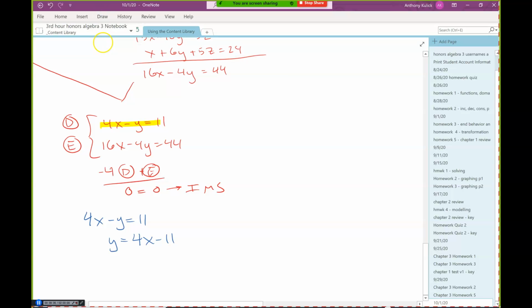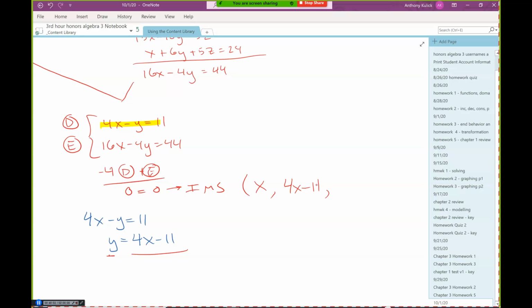Since I've written y in terms of x, x is going to be my parameter. To find my y variable, I'm going to do 4x minus 11. Is everybody okay with that?